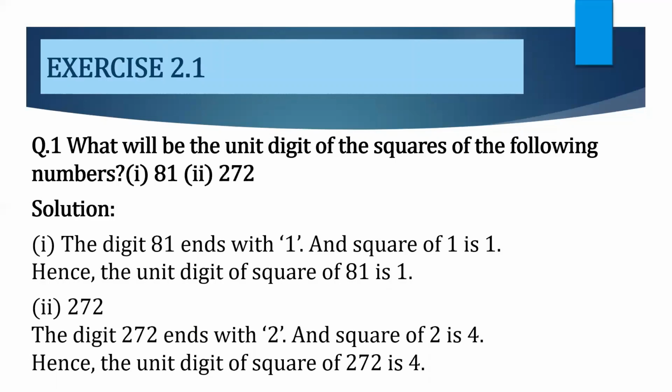So first, in 81, you can observe that the unit digit is 1 and the square of 1 is 1. So the unit digit of the square of 81 will also be 1. Same for 272. We know that the square of 2 is 4. So the square of 272 will have 4 on its unit digit.